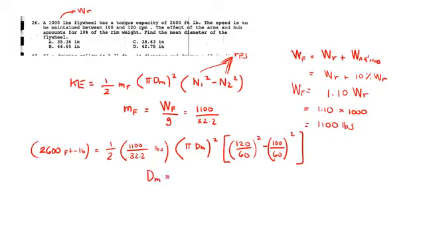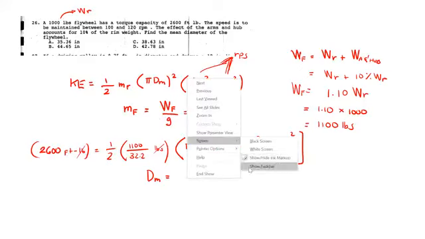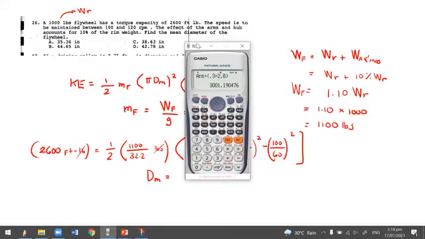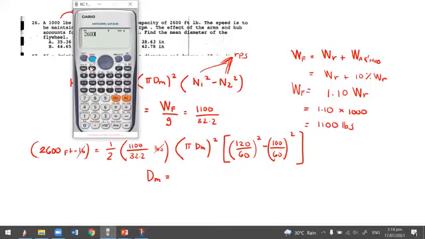The mean diameter is in feet. So, 2,600, shift solve: 1/2 times 1,100 over 32.2, times pi, times x squared, times 120 over 60 squared minus 100 over 60 squared.